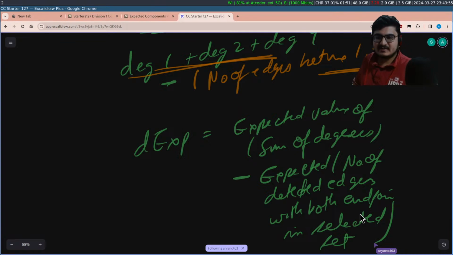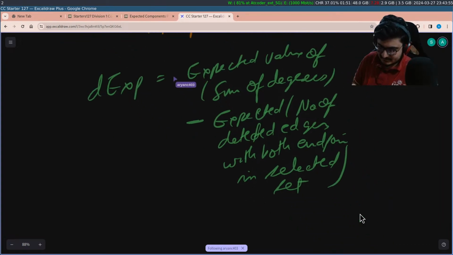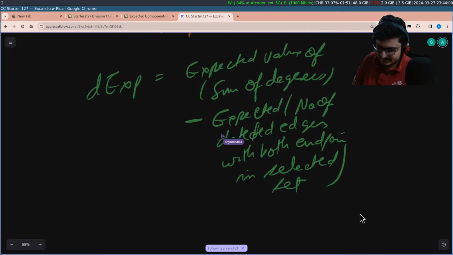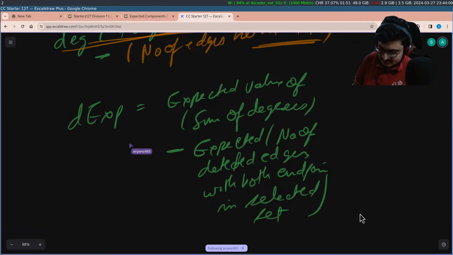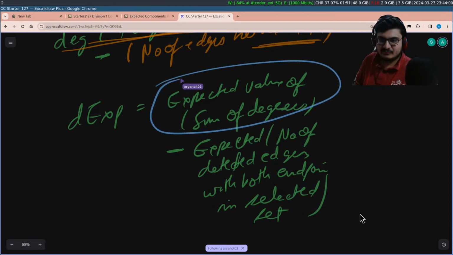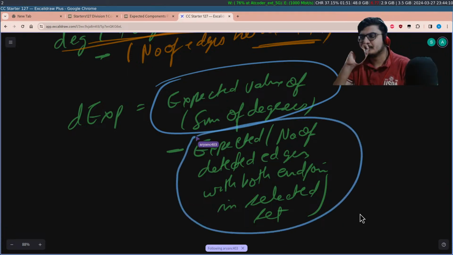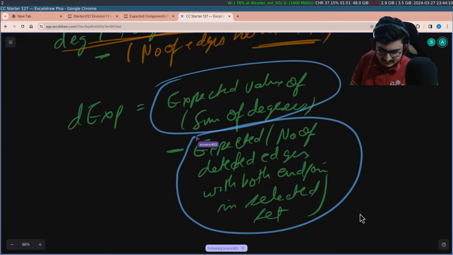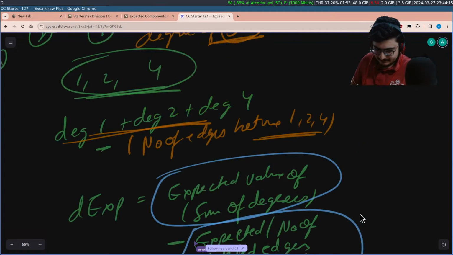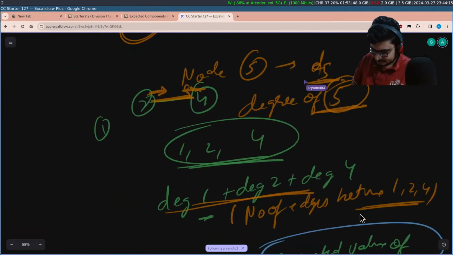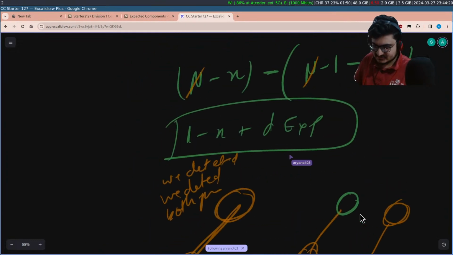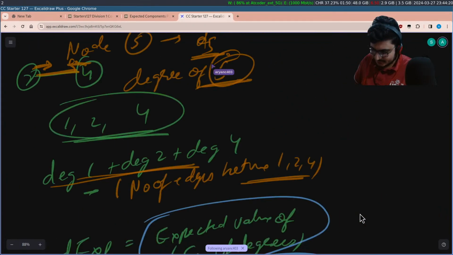If we can get this part, then this would be my expected number of deleted edges. This is the sum of degrees of the nodes which we have deleted, and this is the number of edges we deleted such that both endpoints were in the deleted set. And along with that, if I look back, I should add 1 minus x to it, and that would be my answer.